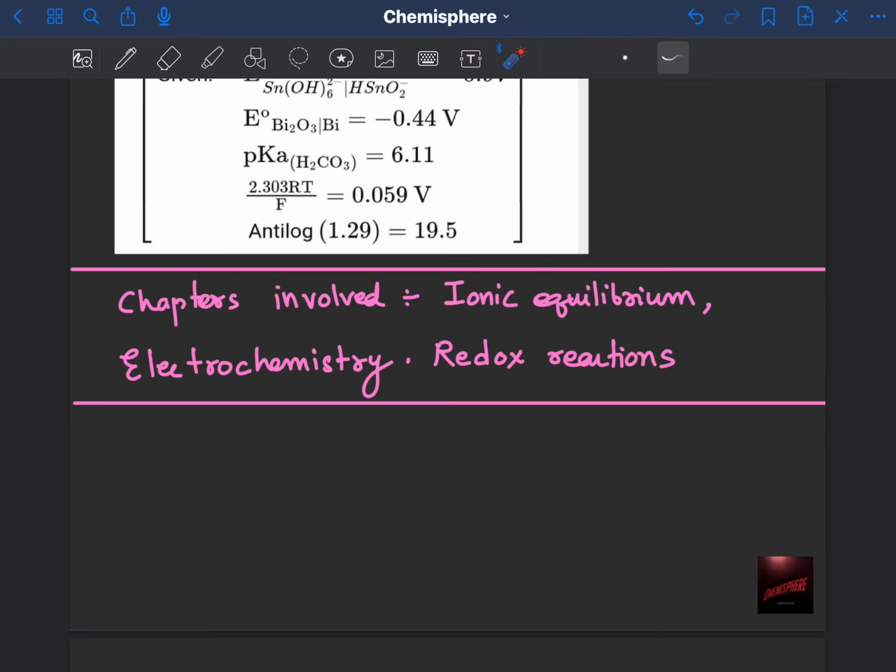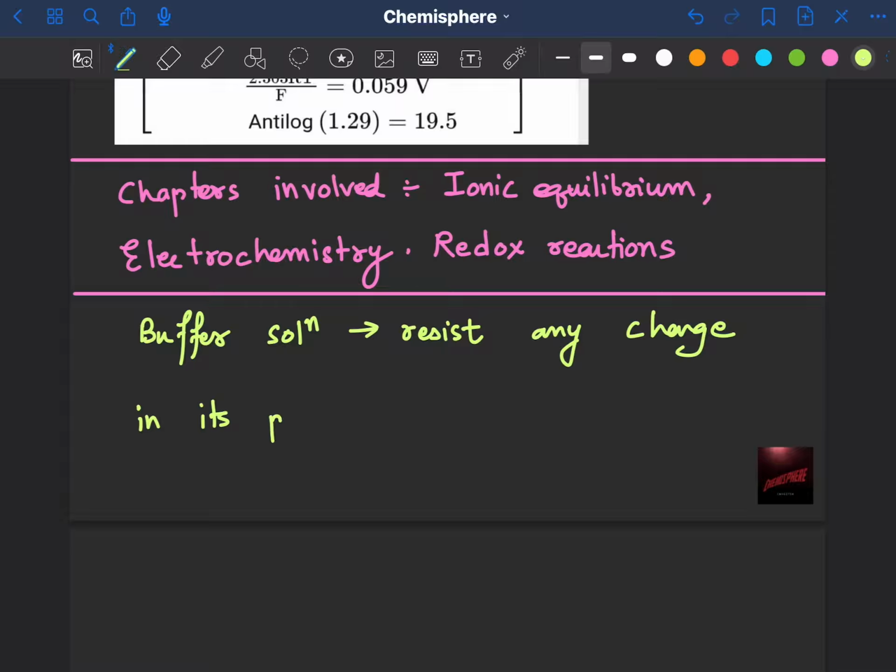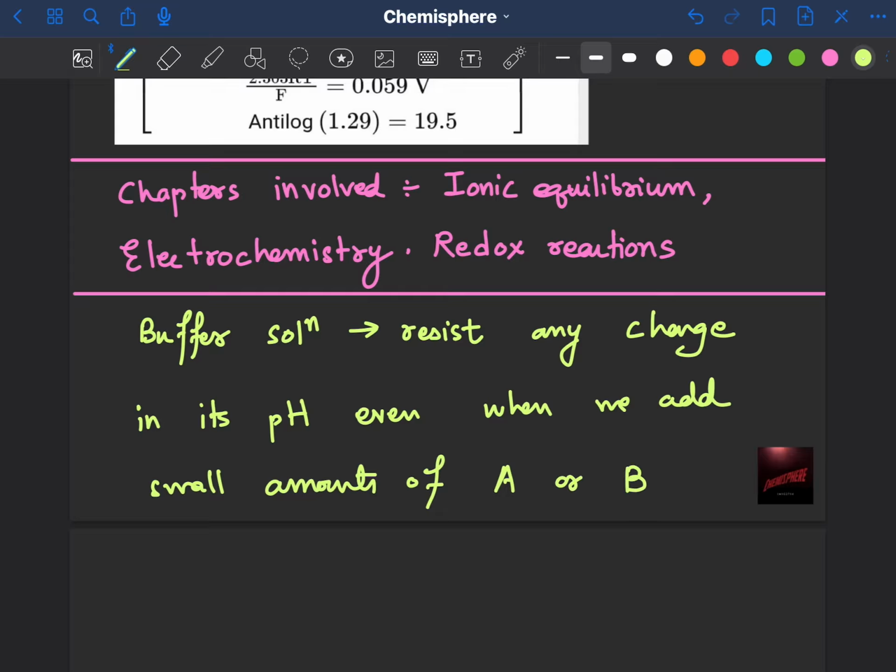To start with, first we need to know what is a buffer solution. A buffer solution is a solution which resists any change in its pH even when we add small amounts of acid or base to it.